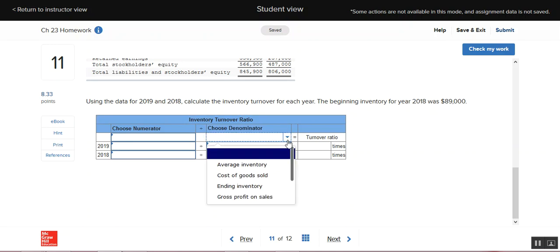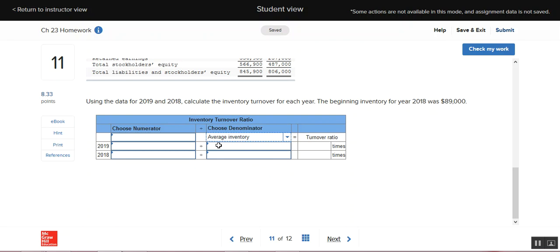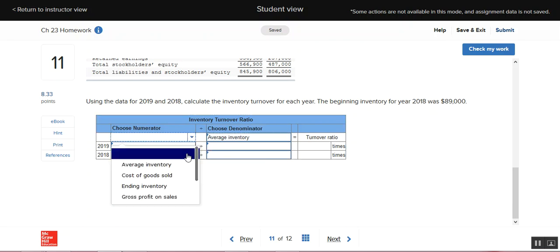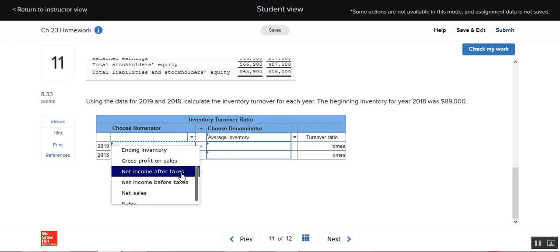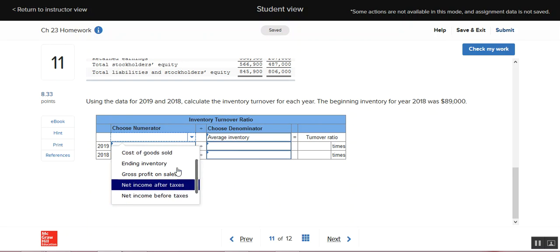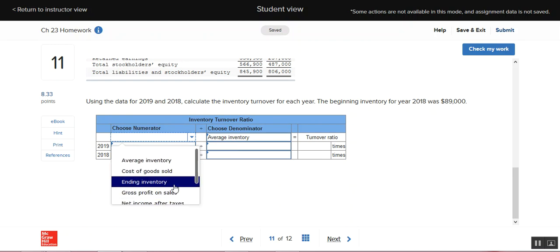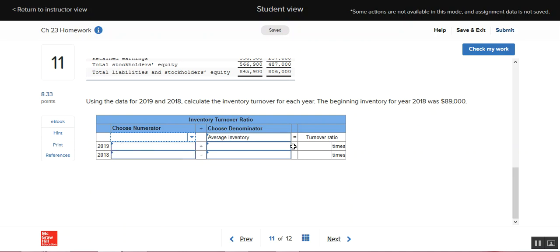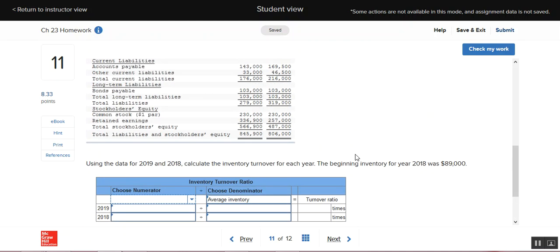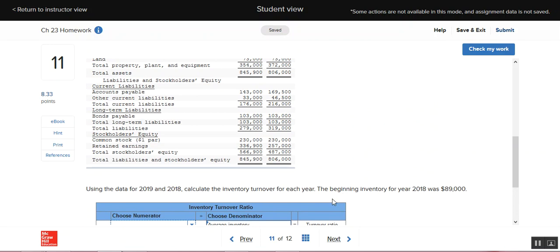All right, so we've got to calculate our average inventory, which we will have to calculate by looking at the data that we're given.